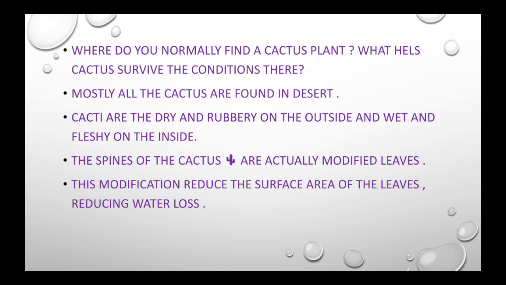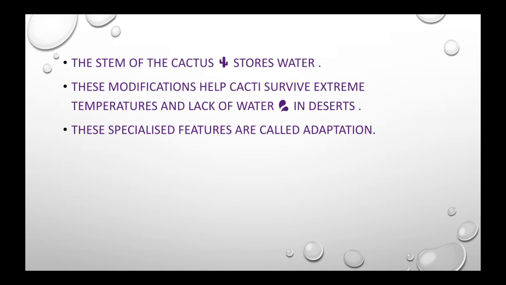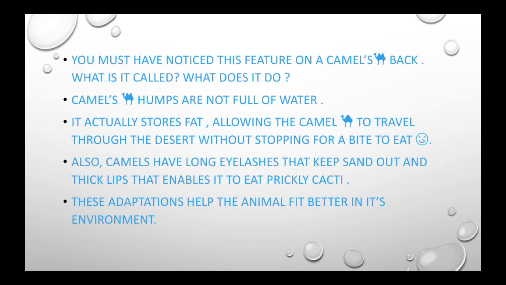This helps the cactus reduce water loss. The stem of the cactus stores water. This special feature helps the cactus survive extreme temperatures without harm. This specialized feature is called adaptation, as we have seen earlier.